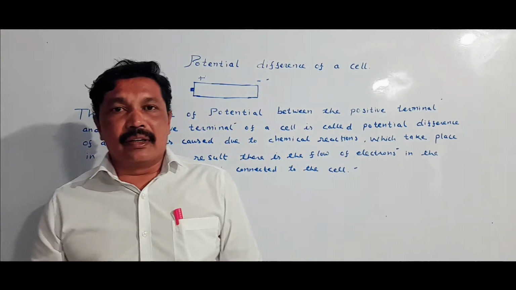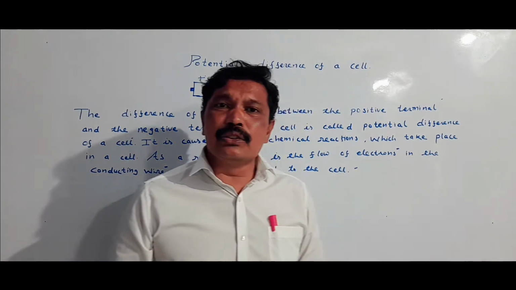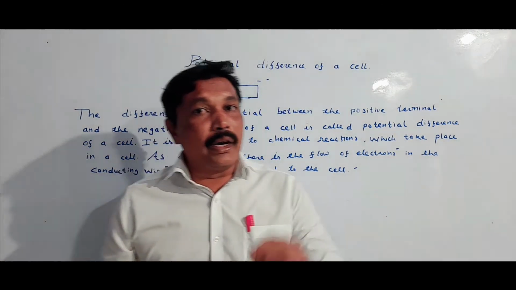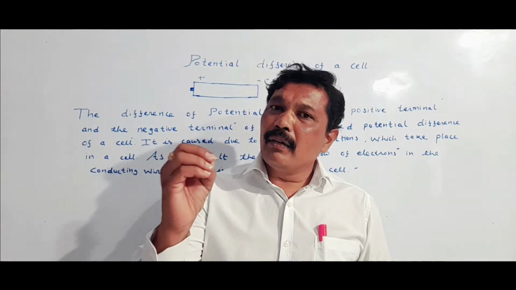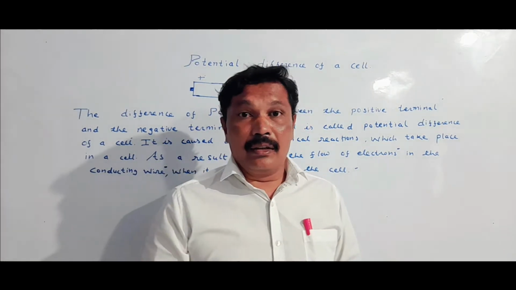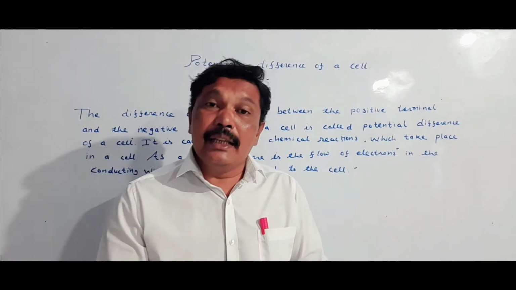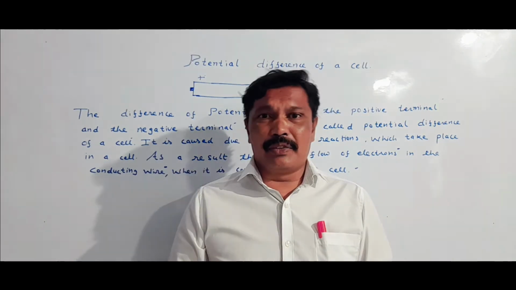My dear student, you must have seen an electric cell. The electric cell consists of two terminals. One is positive terminal and the other is negative terminal. The difference in the potential between positive terminal and negative terminal of a cell is called potential difference of a cell.